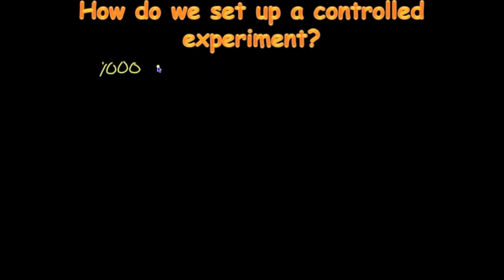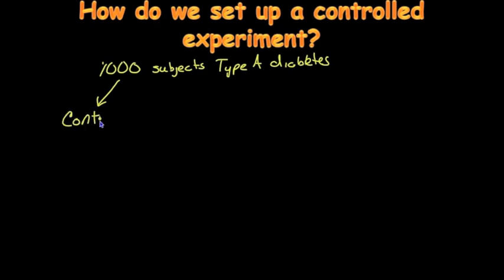Let's say 1,000 people that suffer from type A diabetes. We would separate those 1,000 subjects into two groups, the control group and the test group.